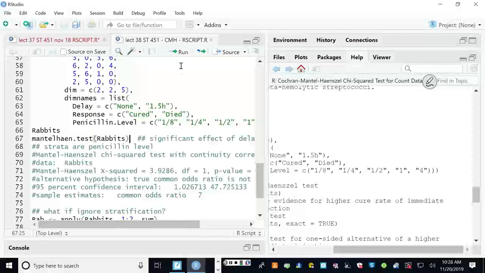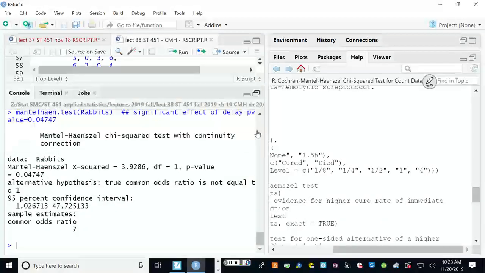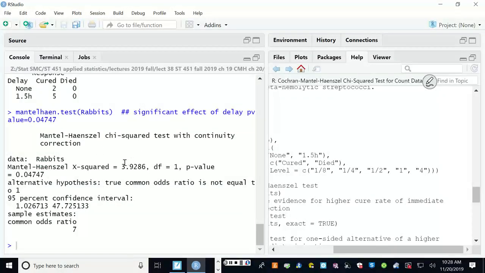Mantel-Haenszel test for this, and it gives a p-value of 0.047. The X-squared value is 3.93. So it's a little bit bigger, but enough to say there's a significant effect of early versus late treatment. There's better cure, from what we saw with the data, from getting an immediate dose, and it's significant.